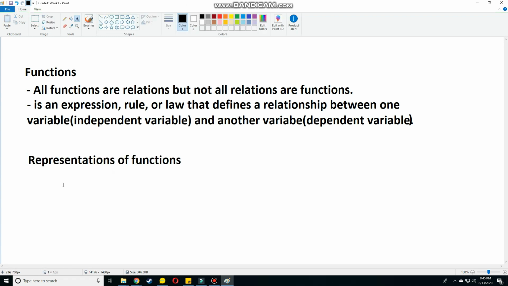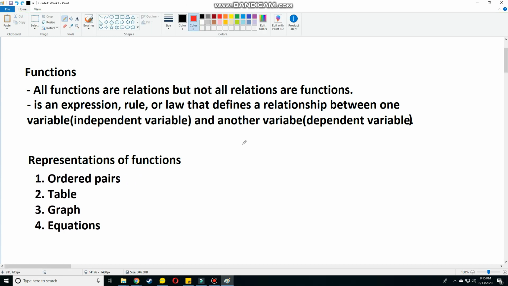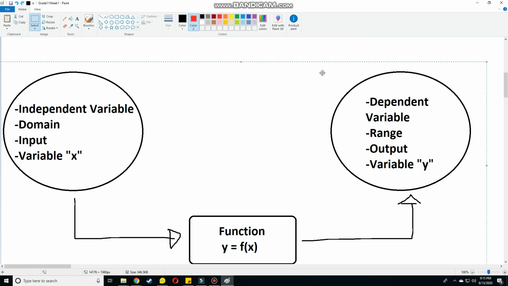A function could be represented through ordered pairs. Okay, it could be represented through table, through graph, through what else? Through an equation. And it could be also represented through words. But before we go through the representations of functions, let's have first a concept map regarding functions.